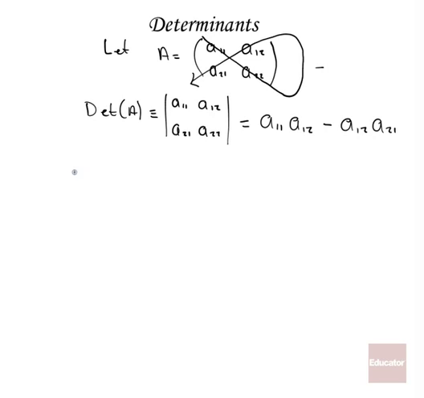So let's say that B is our 3 by 3, so we have B11, B12, B13, B21, B22, B23, B31, B32, B33.